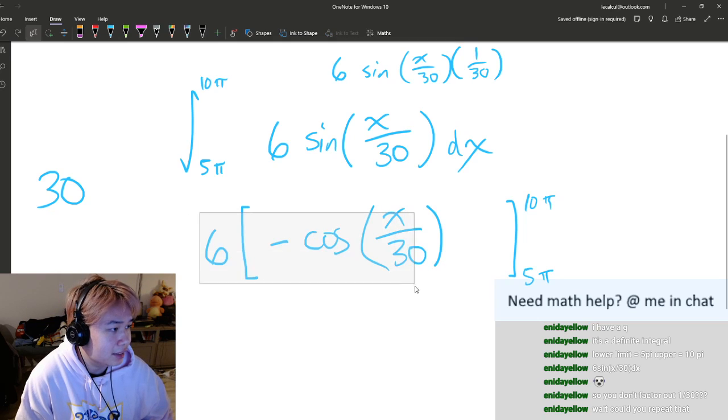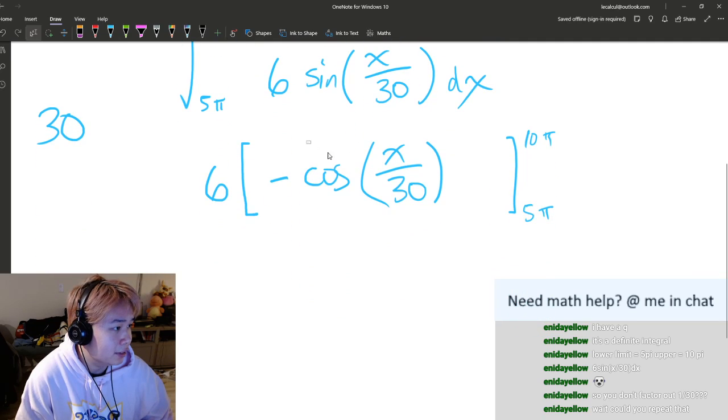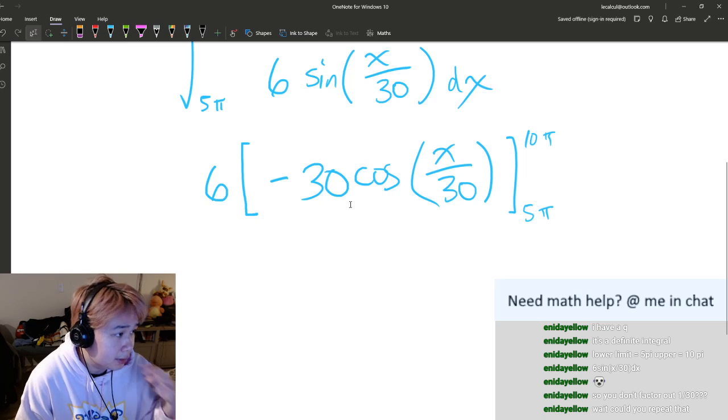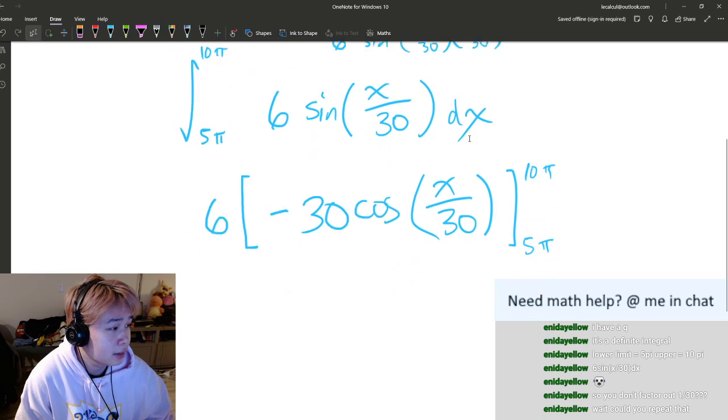But you see, when you take the integral of this, there's a chain rule, so then it multiplies by a 1 over 30. We don't have a 1 over 30 in our integral, which means there's a coefficient of 30 in the integral. Because when we do take the derivative now, this 30 is going to cancel out with this 1 over 30 from the chain rule.